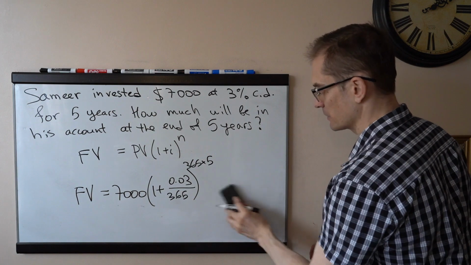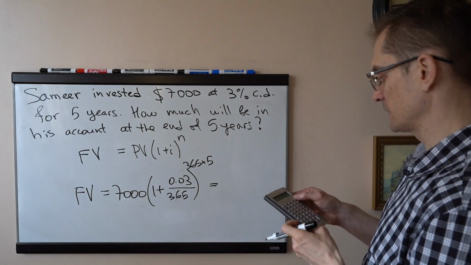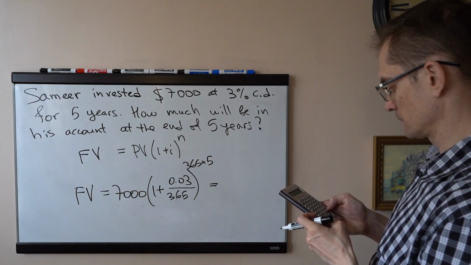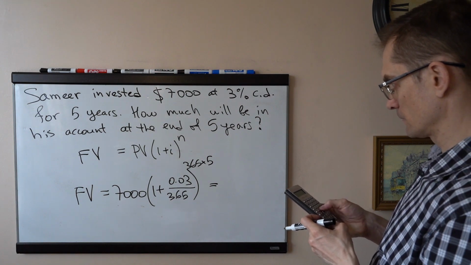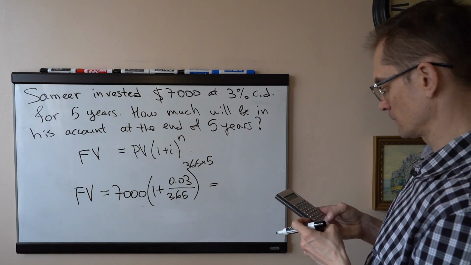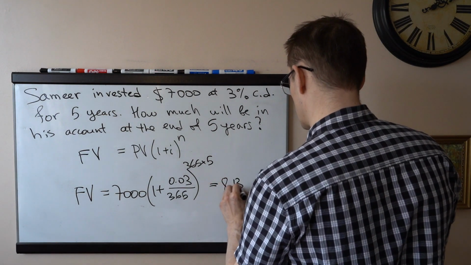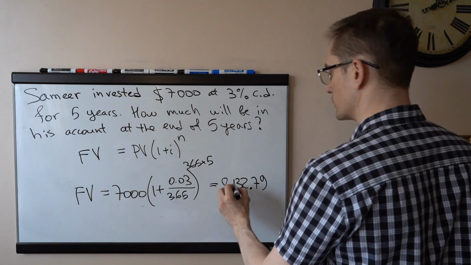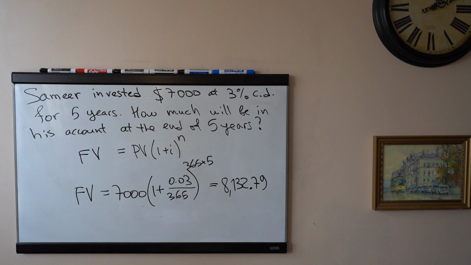Again, let's compute it for practice. So it's 8,132.79, rounded to 2 decimal places.